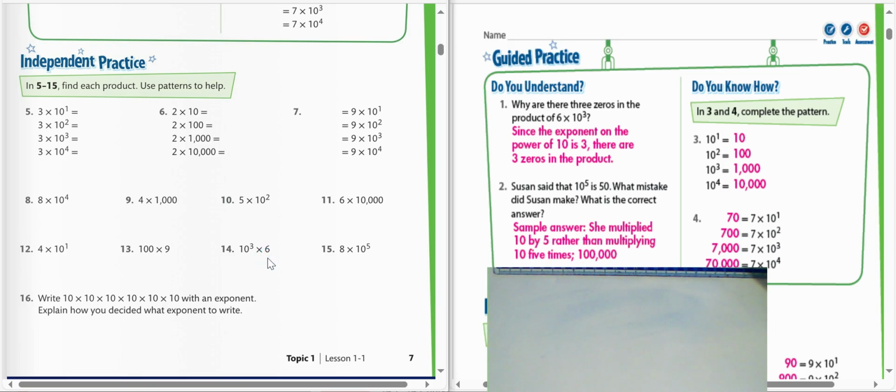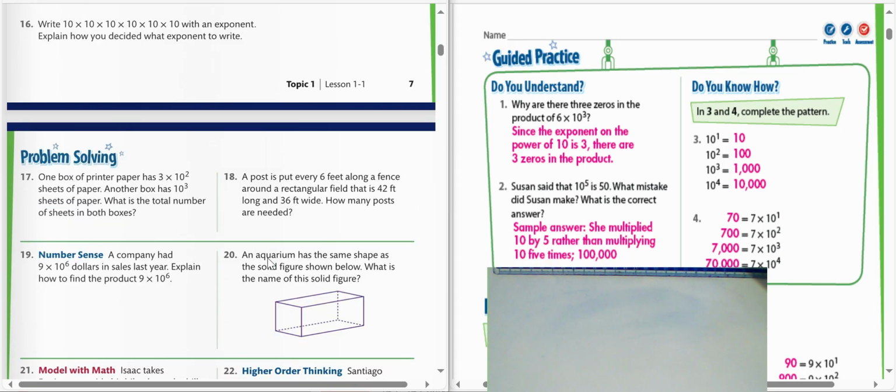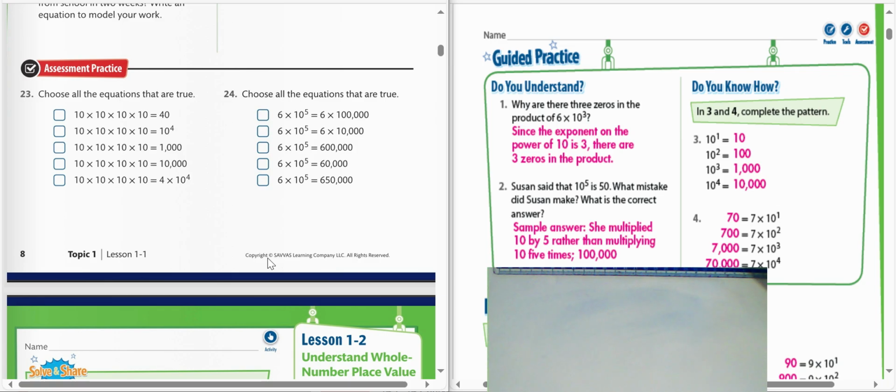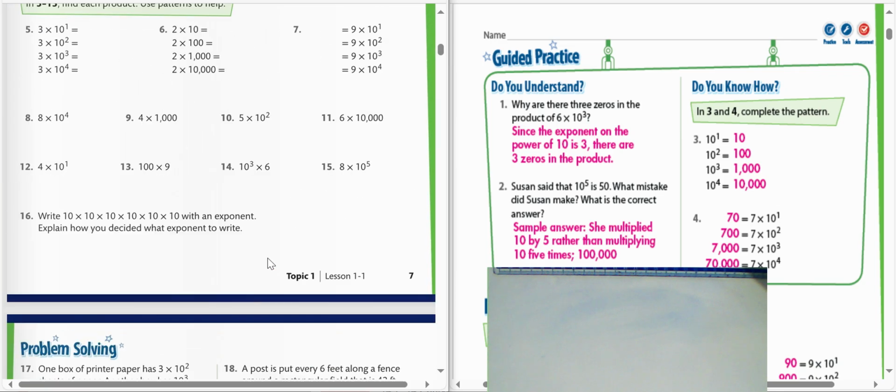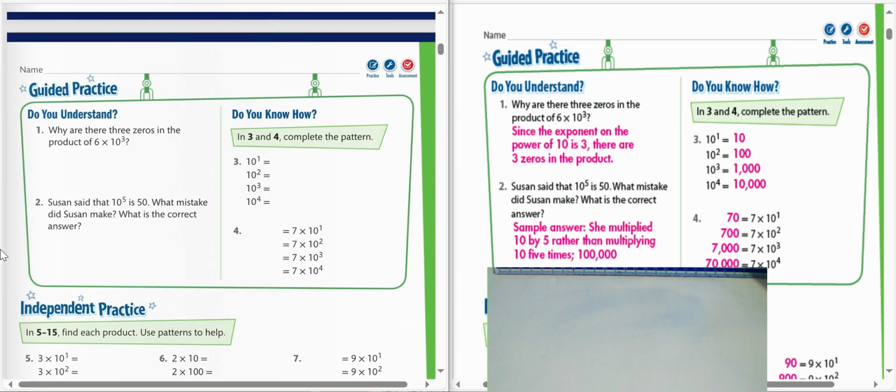Do you understand? Yes. Why are there 3 zeros in the product of 6 times 10 power 3? Because 10 power 3 is equivalent to 10 times itself 3 times, then the result will be 6,000. Since the exponent, or the power of 10, is 3, there are 3 zeros in the product.